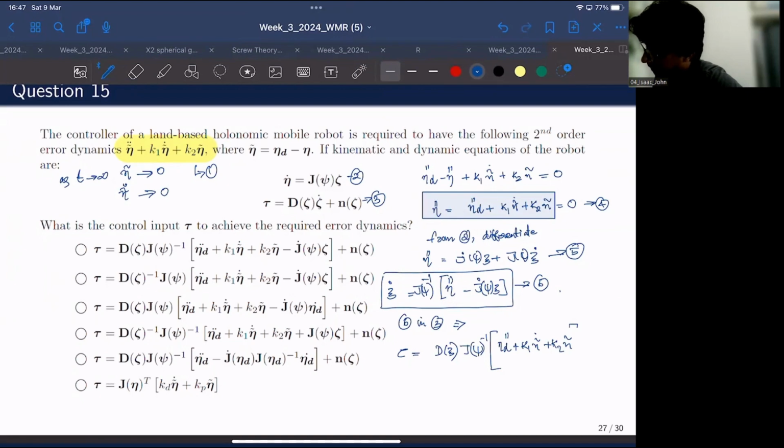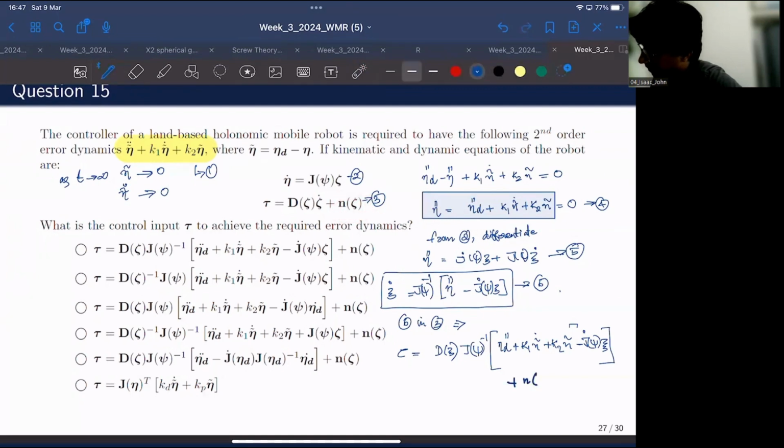Yes, then we also have this term, minus j dot of psi theta. Then the remaining term would be this one, n of theta.